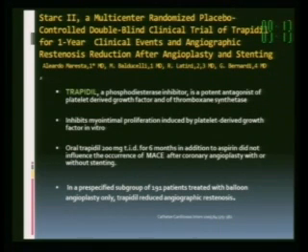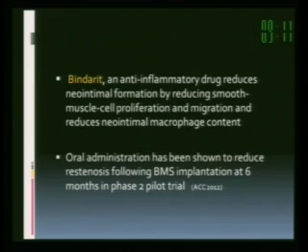So it is not that useful. Recently, another oral drug, Bindarit, which is an anti-inflammatory drug which reduces neointimal formation by reducing smooth muscle cell proliferation, has been tested, and its oral administration has been shown to reduce restenosis following BMS implantation at 6 months in a phase 2 pilot trial, and still it needs further investigation.